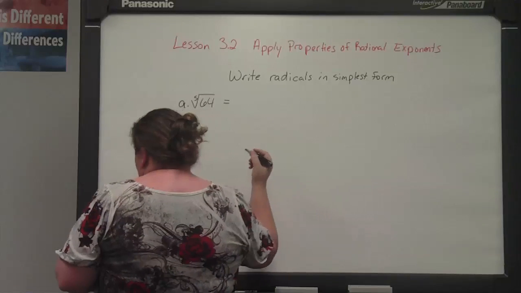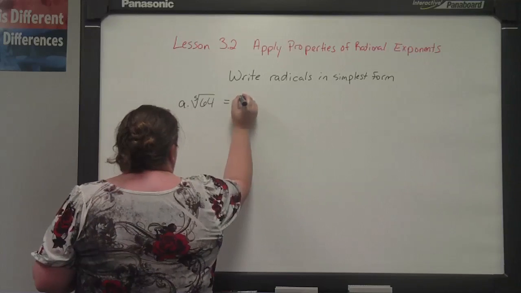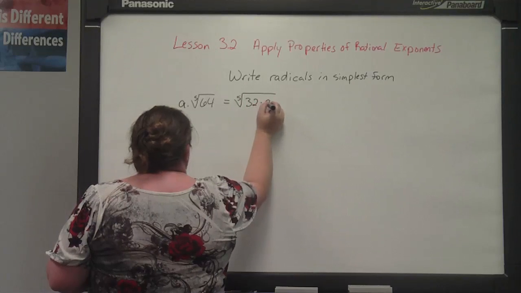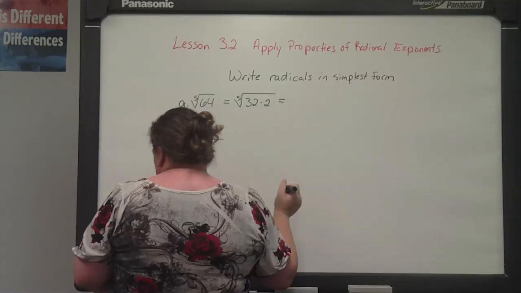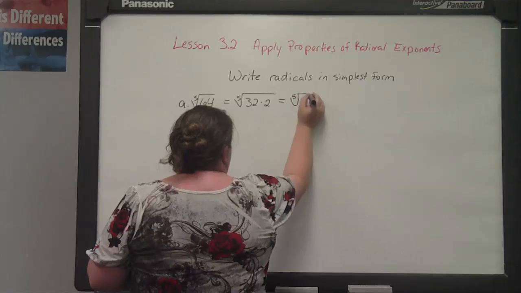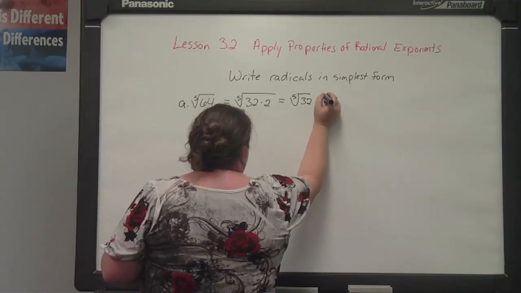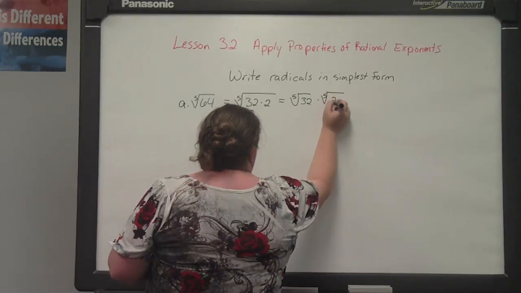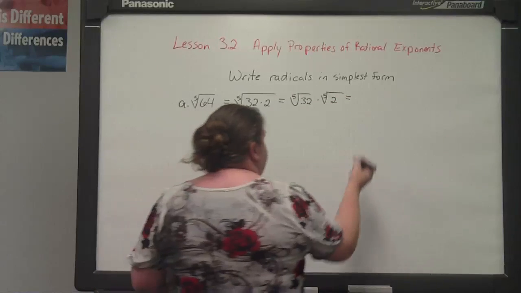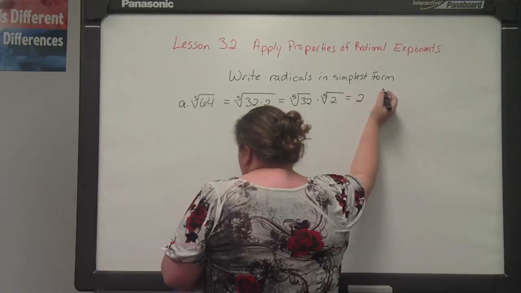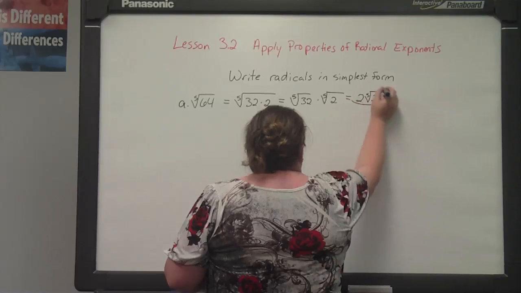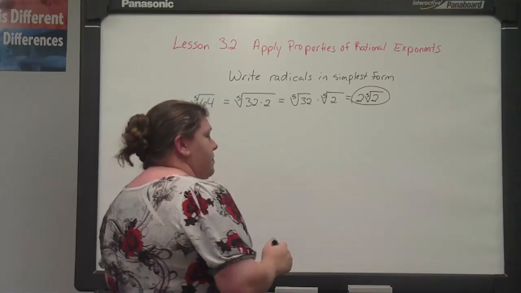And so I can rewrite this as the 5th root of 32 times 2. And so I can now say the 5th root of 32 times the 5th root of 2. The 5th root of 32 gives us 2 times the 5th root of 2. And that is simplest form.